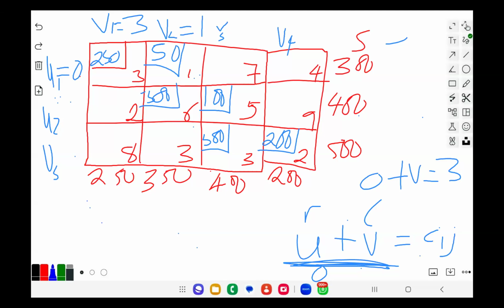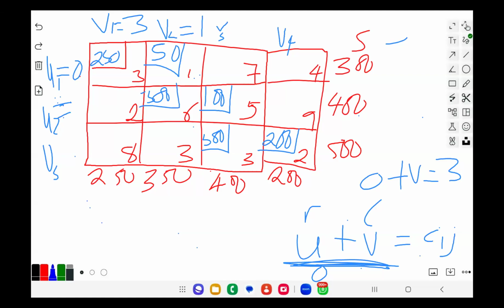Where else do we have an allocated number? It is on U2, and the allocated number is 6. Then on top, V is 1. We already have our V, which is equal to 1, and the Cij is 6. What should be U?